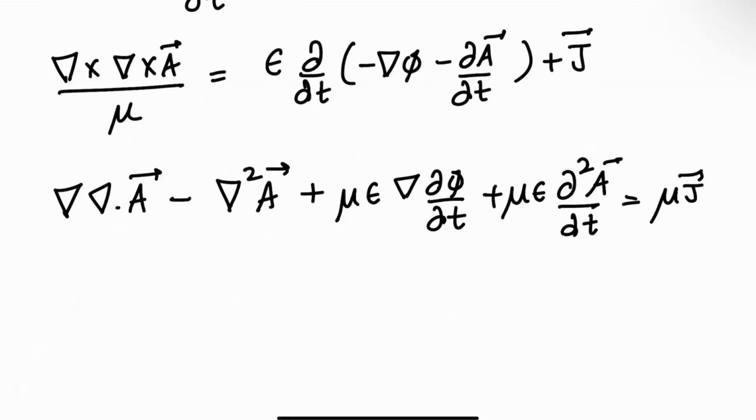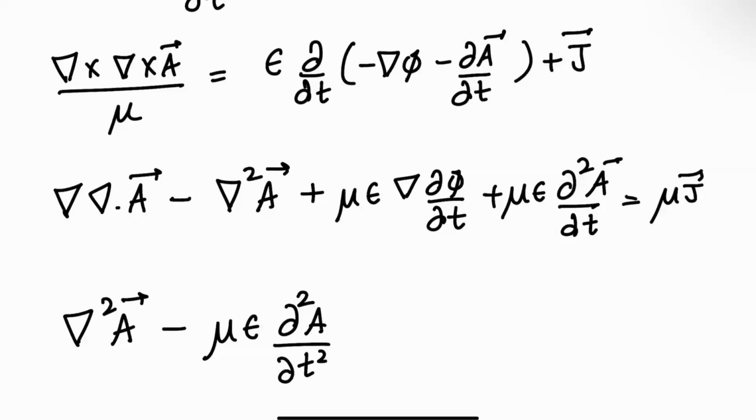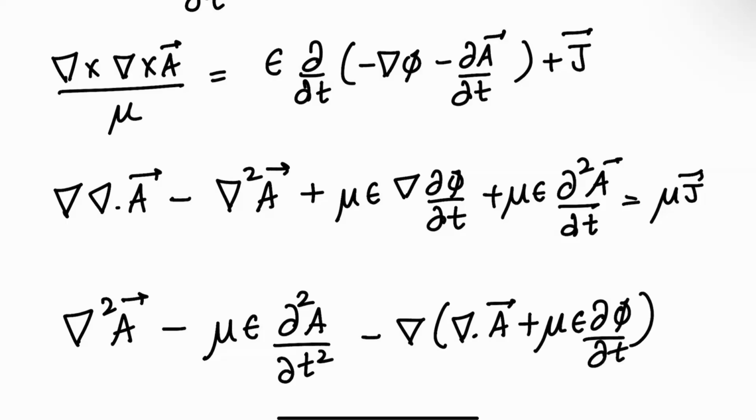All right. So we can again rearrange these terms a little bit. And what we get is the vector Laplacian of A minus mu epsilon d square A over dt square minus gradient of divergence of A plus mu epsilon d phi over dt is equal to minus mu j.